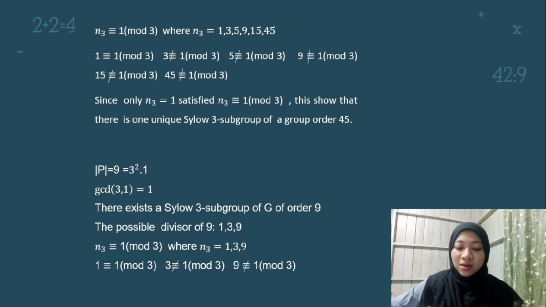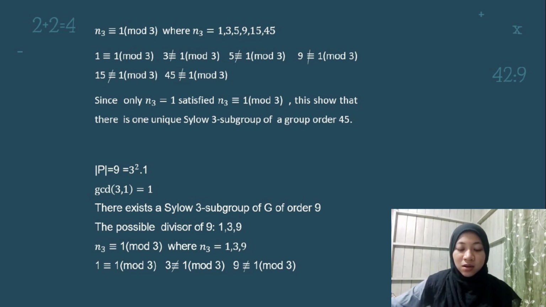The possible divisors of 9 are 1, 3, 9, so we must check each possible divisor to know the congruence.